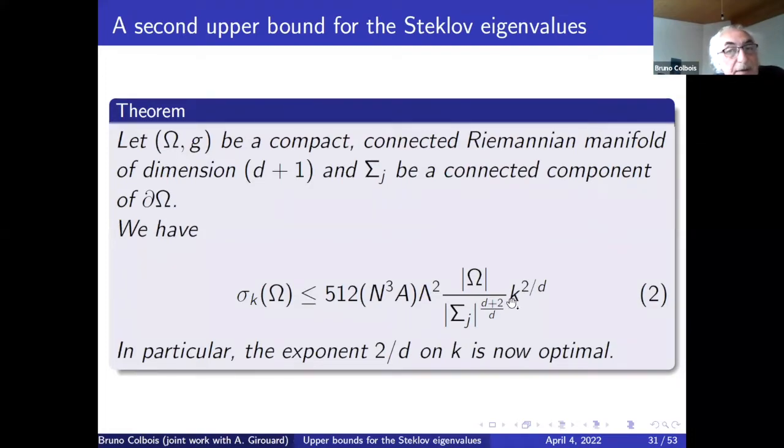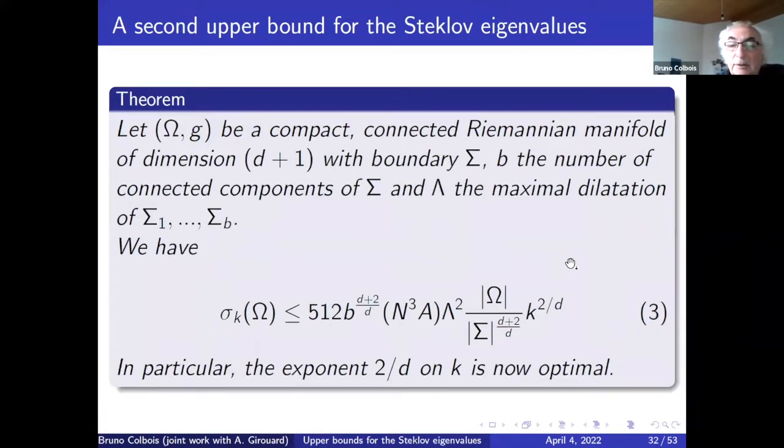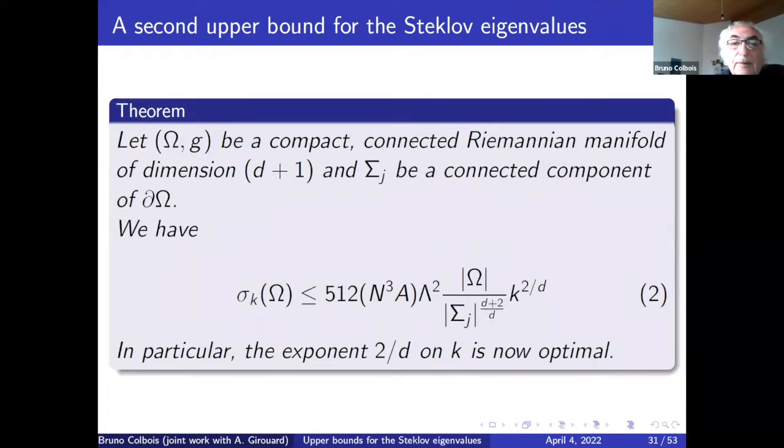What is interesting to mention is that the exponent is optimal, which is not clear because the lower bound for the Steklov is in 1/d. So we could hope to do better than 2/d. It's not the case.